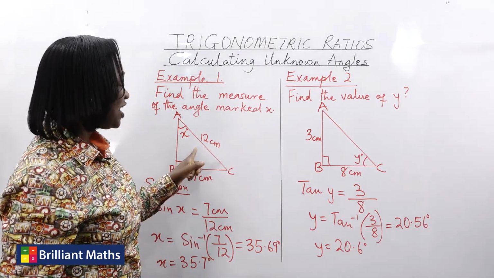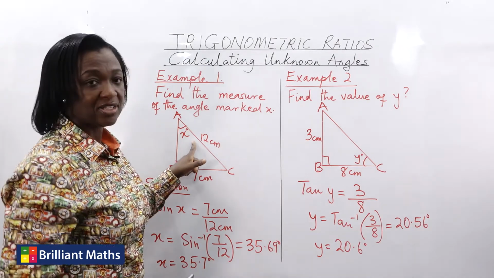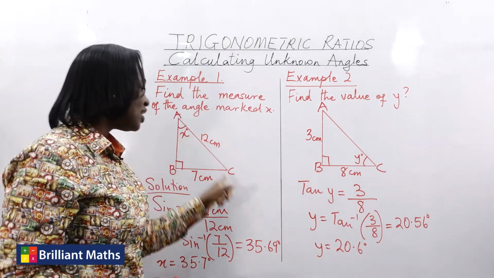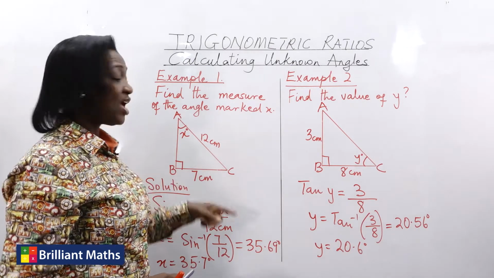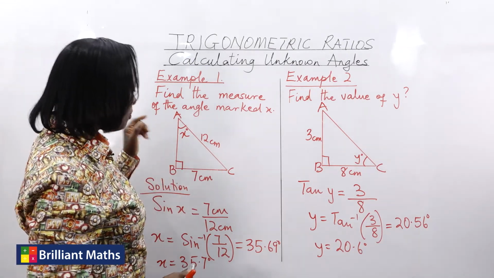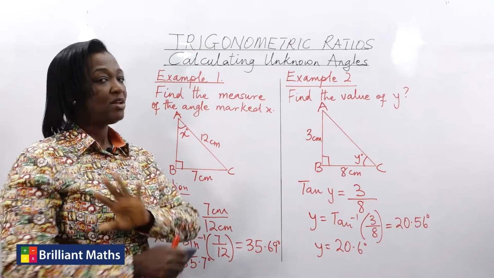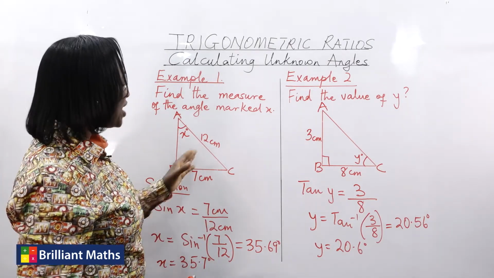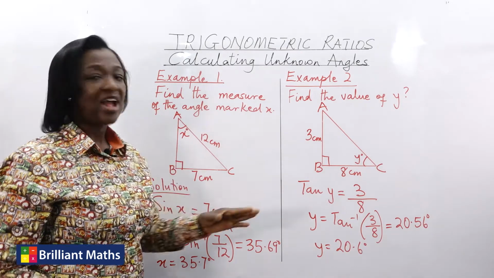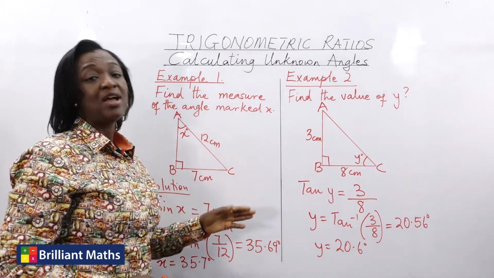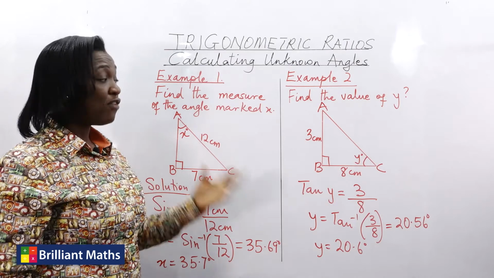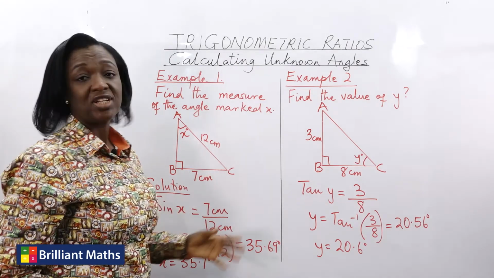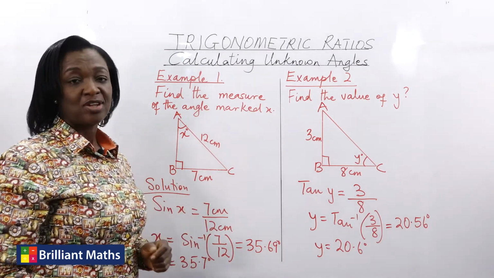The hypotenuse is a very strong factor. Once you can determine the slanted side, the hypotenuse, and the adjacent and the opposite to the angle you're finding, then your job is done. So pay attention to labelling the sides and the relationship between the angle and the sides that have been given. Feel free to pause the video and watch it again and again, just in case you don't understand.